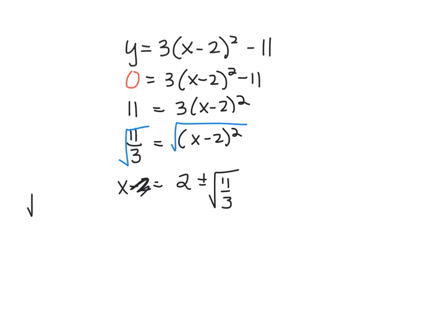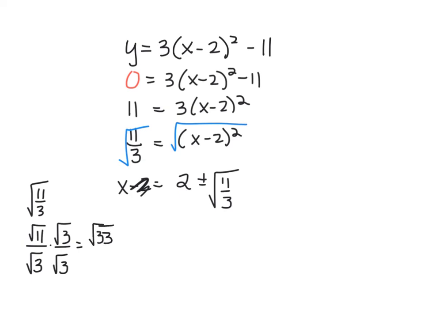Now, just a repeat of geometry, not allowed to have a square root in the denominator. So to rationalize the denominator, I'm going to multiply by root 3 over root 3. And I know you did this in geometry last year. If I were to multiply across the top, this would be square root of 33.